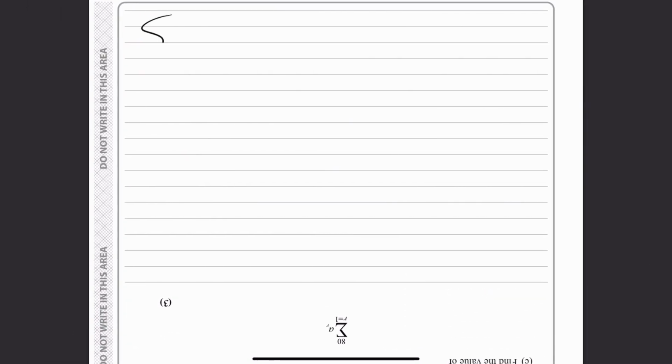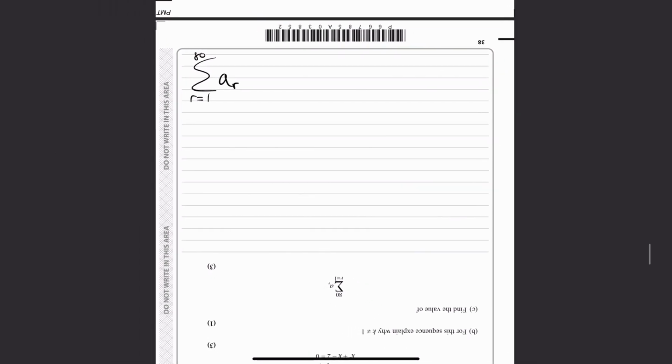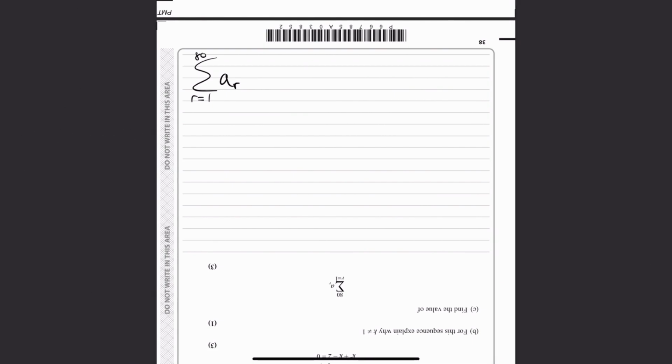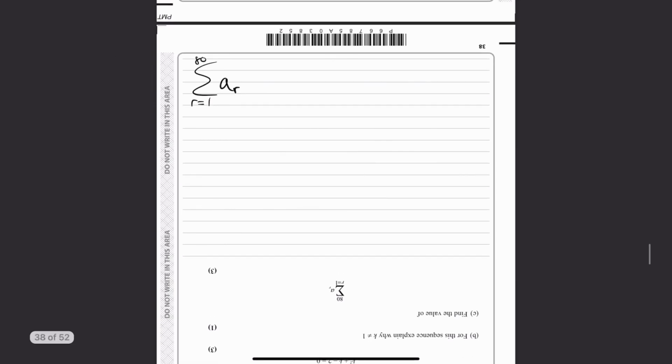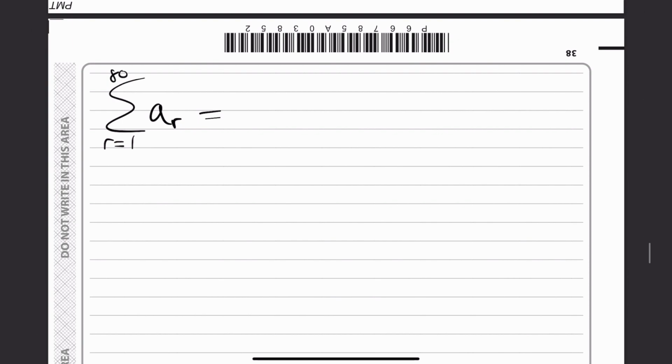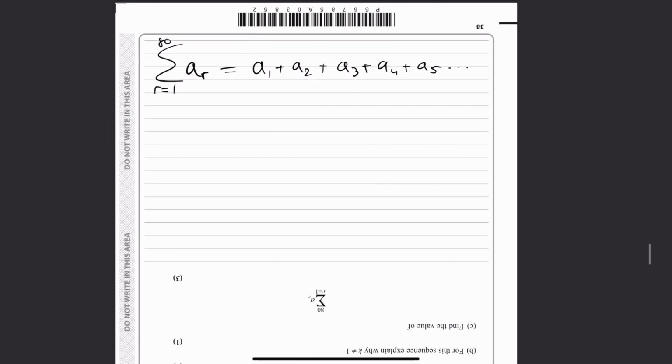So R starts at 1 and it goes all the way up to 80 of A of R. That is quite weird. So I suppose we can just start writing it out. So this is going to be A1 plus A2 plus A3 plus A4 plus A5, and so on.